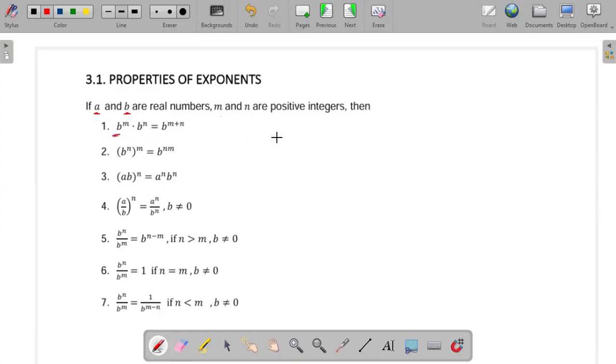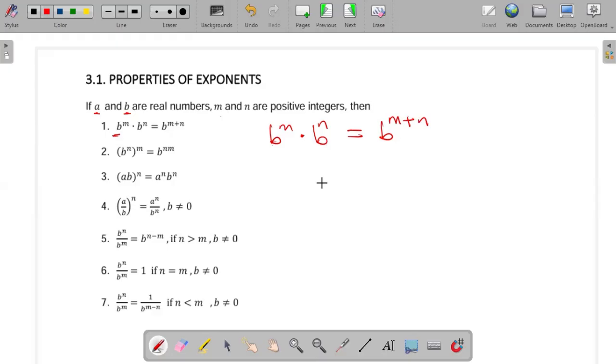If I have b to the power m multiplied by b to the power n, where the dot is just multiplication, this property tells us that if they all have the same base, we keep that base and we add the numbers in the exponent. So we add m plus n.